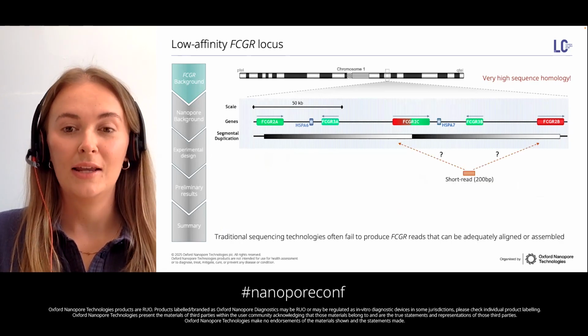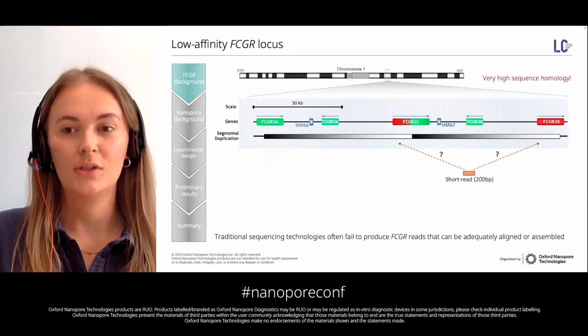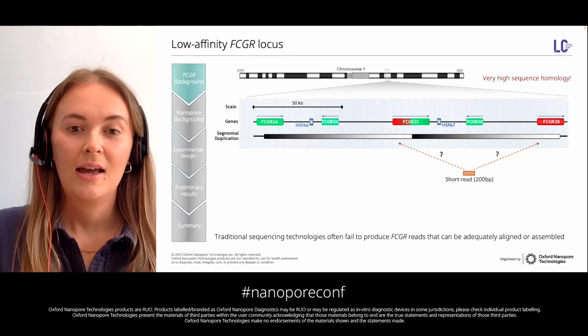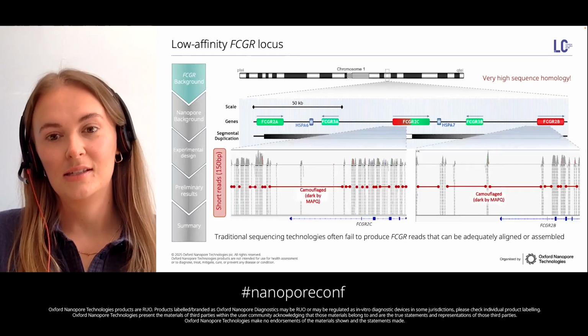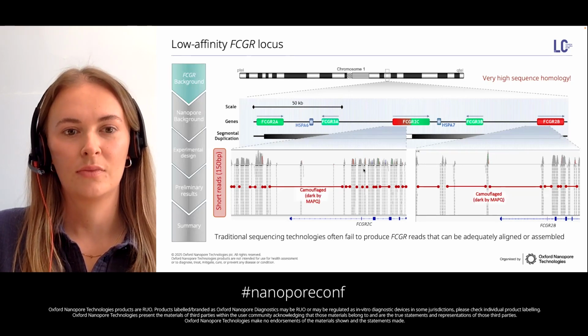And this creates a real challenge for your alignment software, as it becomes almost impossible to determine the origin of the sequencing read if it's just 200 base pairs in length. And this leads to regions that are consistently unoccupied, often called dark or camouflage regions.